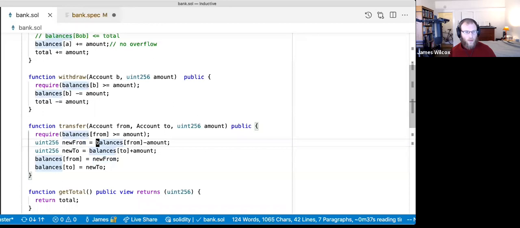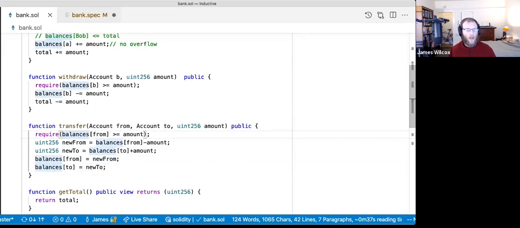The new from balance is the old from balance minus amount. The new to balance is the old to balance plus amount. Then we write back both of those values. It turns out that this is just wrong. This code is not right, and it's not right when from is equal to to.